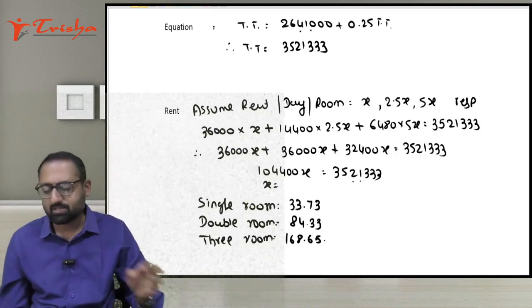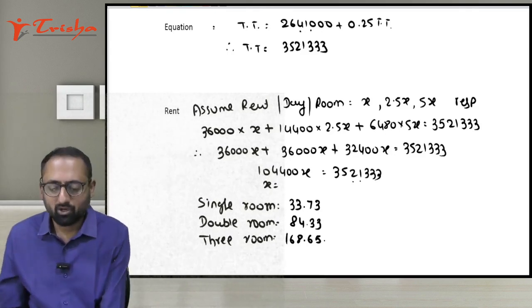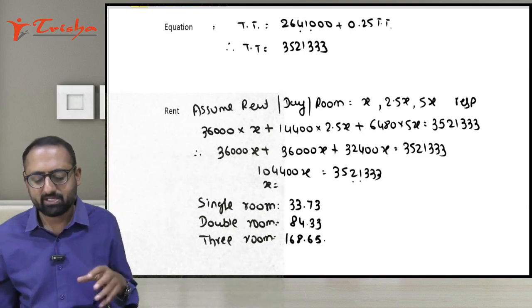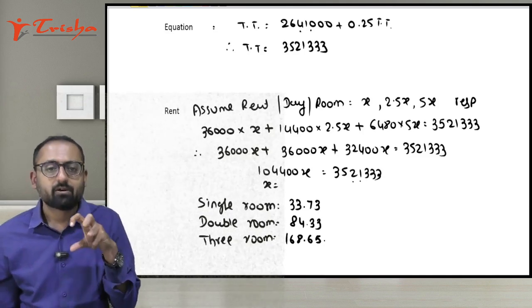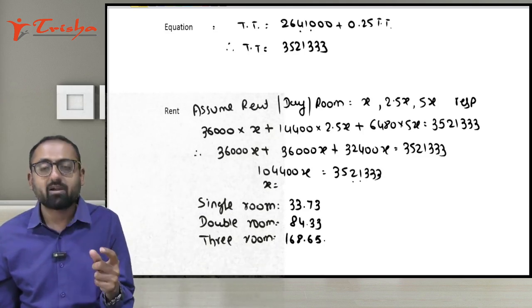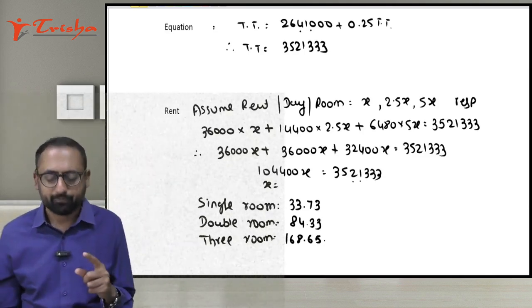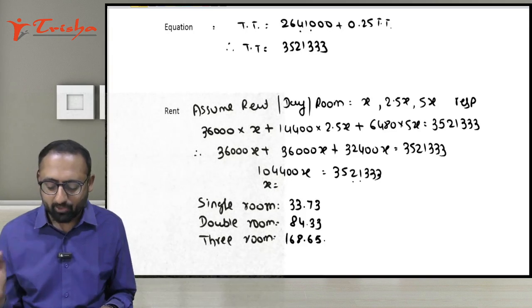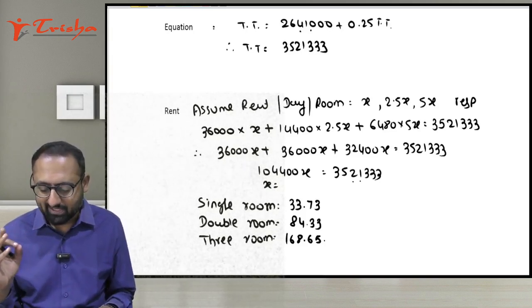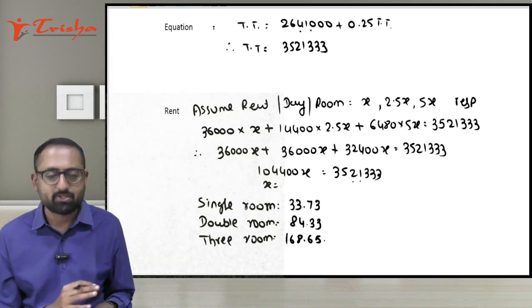I hope everyone got all the questions. The main adjustment here was to calculate fare per day per room. So 33.73, 84.33 and 168.65 is your final answer.